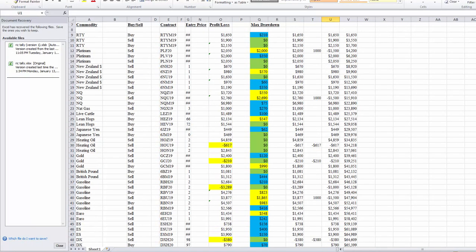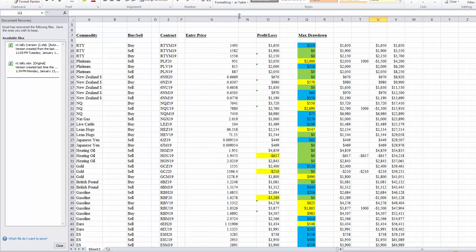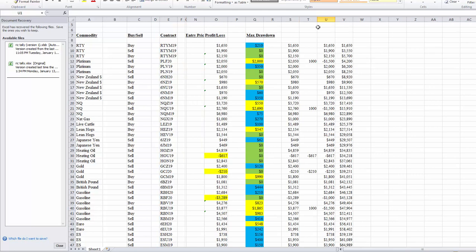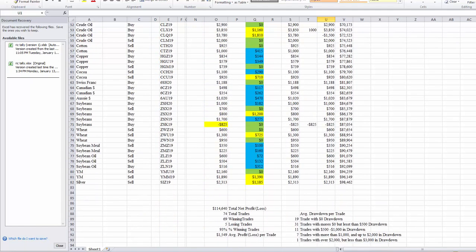He listed them in here, if you move this out a bit, there we go. Anyway, it's in here somewhere. Let's move this here. There we go. He put these all in here, and he wound up figuring out how many winners and how many losers he had and all that kind of stuff.